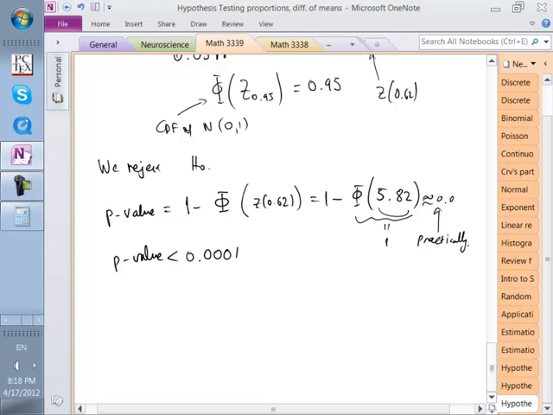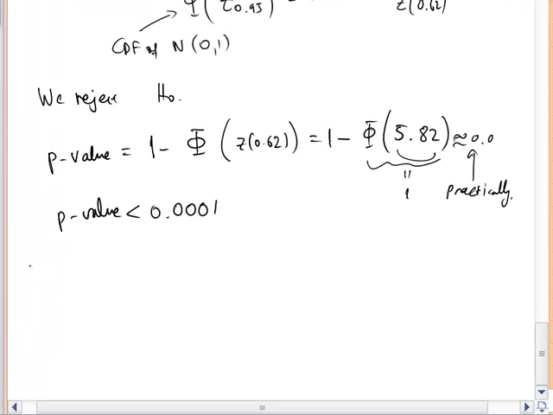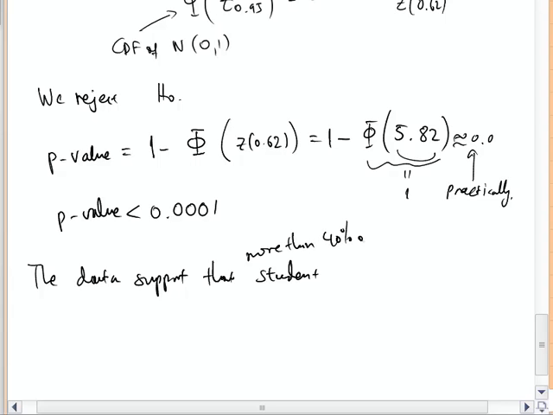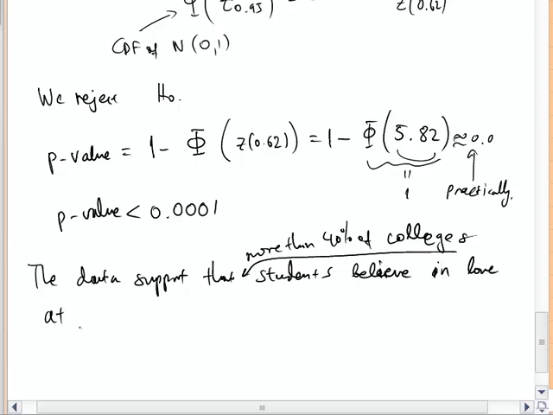If I wanted to formulate the conclusion here with the p-value, I would say the data support that more than 40% of college students believe in love at first sight.